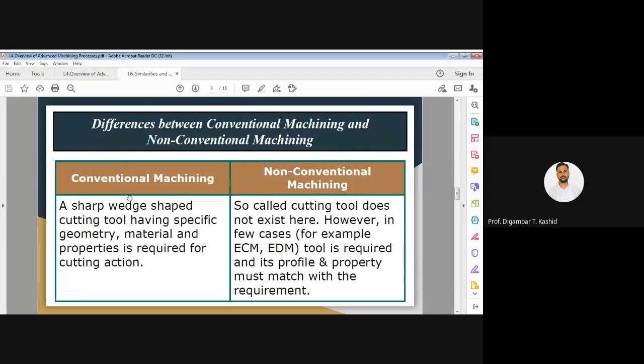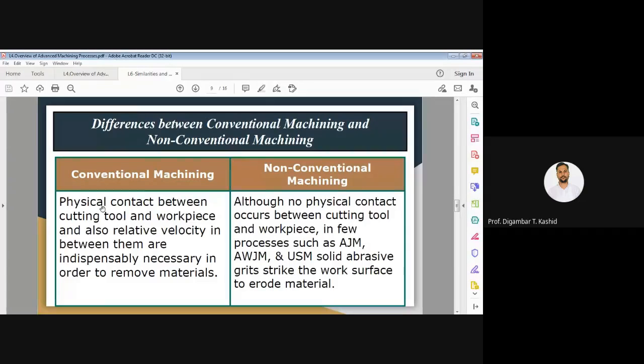That means whatever shape or cavity we want to form on our work, the same replica of that we first have to make on our tool, in EDM, ECM, and also ultrasonic machining, because there the mechanical vibration is given.